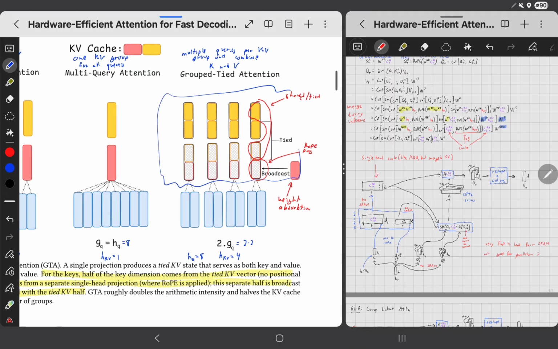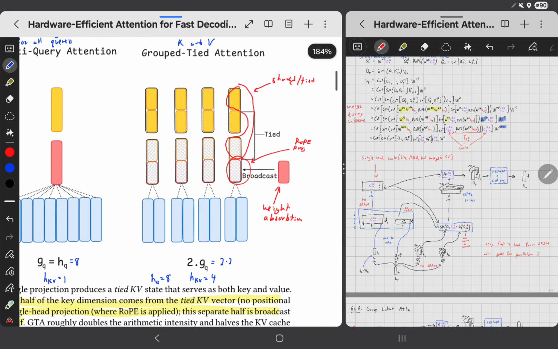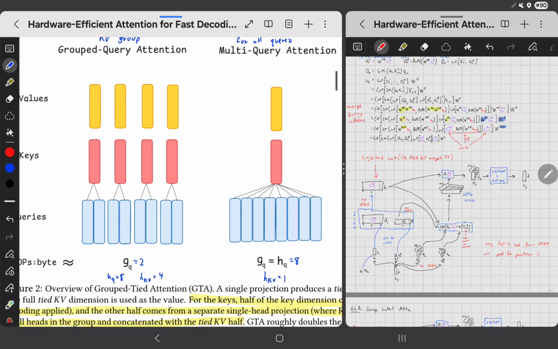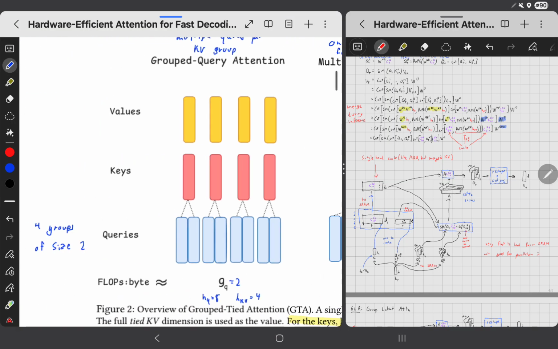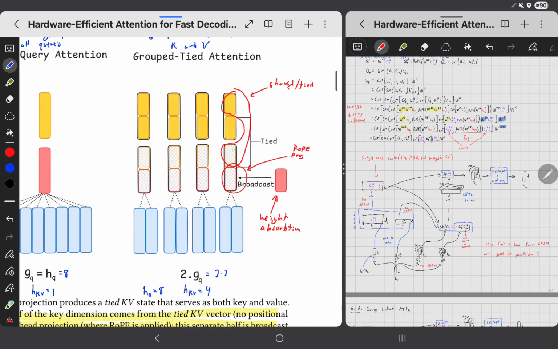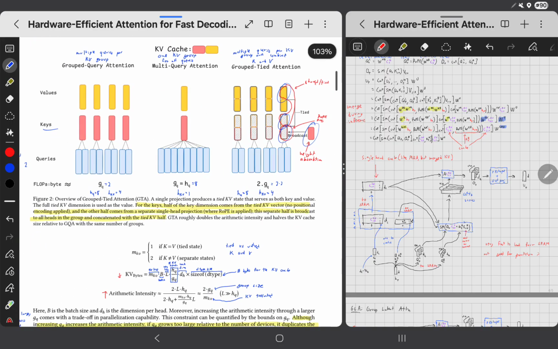And group tied attention over here is basically the same as group query attention, except our keys and our values are broken up into pieces where you tie them together. The first part of the keys is the same as the first part of the values, but the second part comes from your rope embedding here. So that's what this diagram is saying.